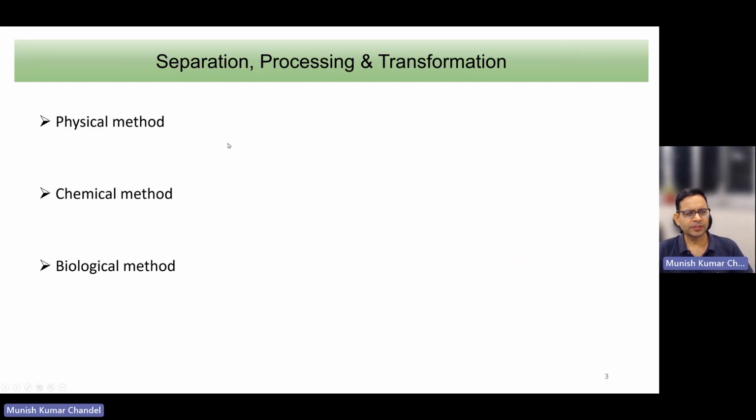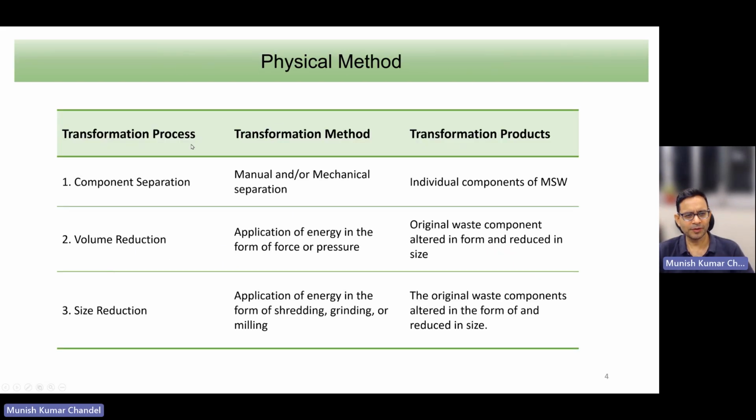So this separation, processing, and transformation many times is loosely also called treatment of municipal waste. So, for treatment of municipal solid waste, we use different types of physical, chemical, as well as biological methods. Let me highlight some of them. For example, you want to do physical processes or physical methods.